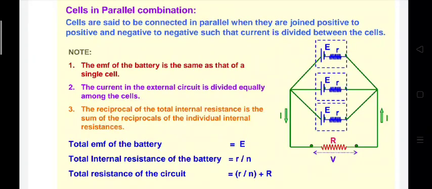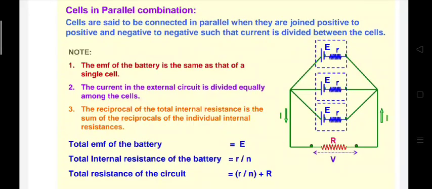Now each cell has a certain amount of internal resistance also. So the internal resistances are now combined in parallel. So the equivalent resistance will be decreased.